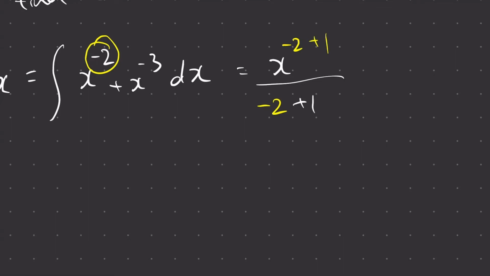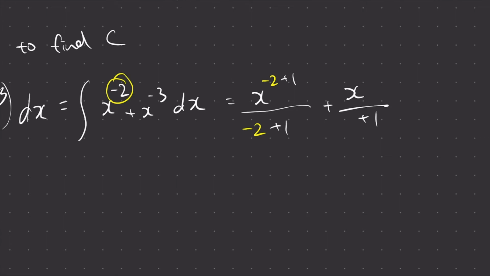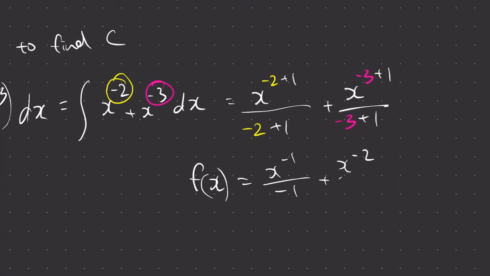Plus x to the power of negative 3 plus 1 over negative 3 plus 1, right? So our original function f(x) is equal to x to the power of negative 1 over negative 1 plus x to the power of negative 2 over negative 2, and remember, don't forget, plus c.